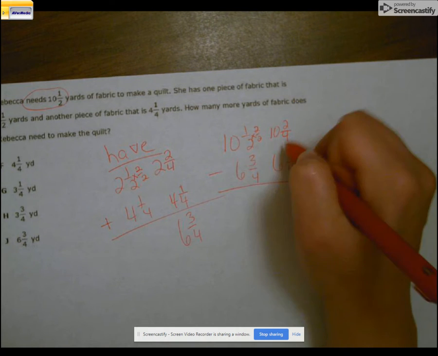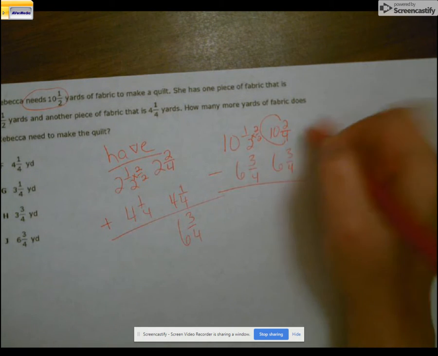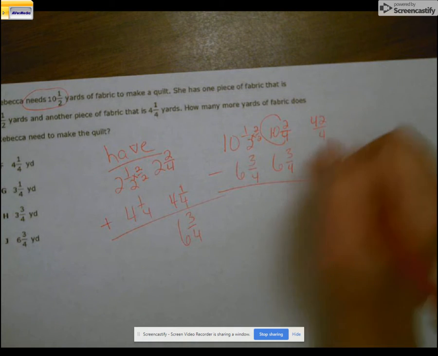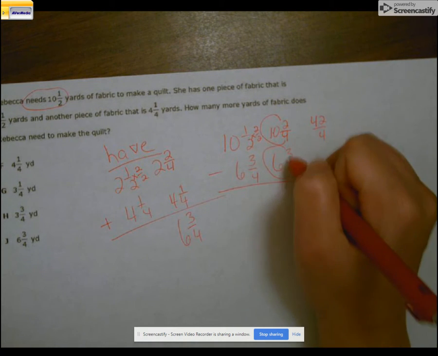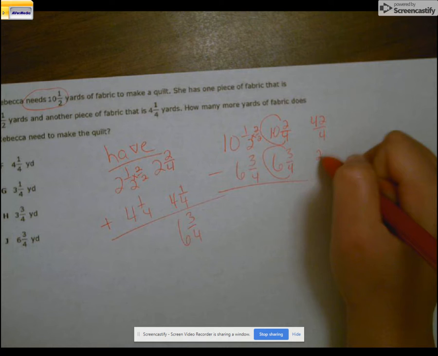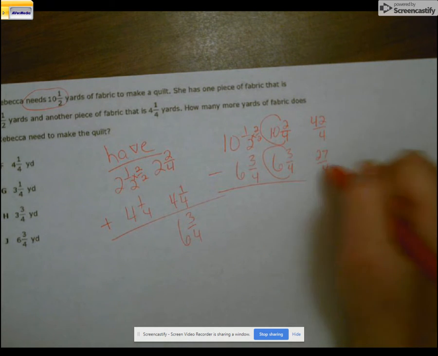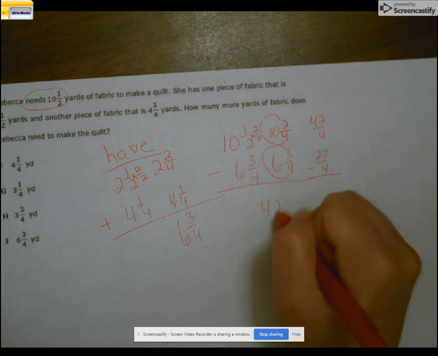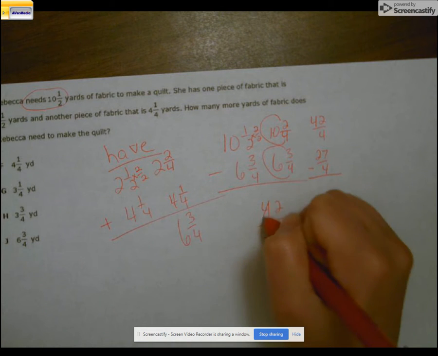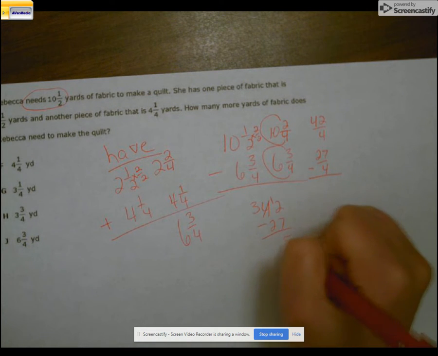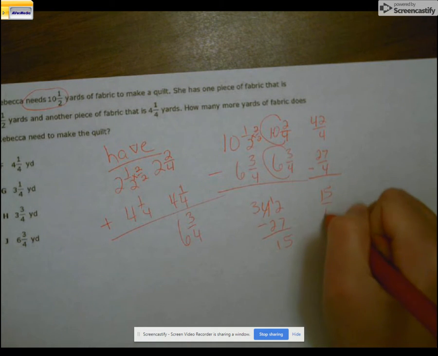Then I'm going to make these improper. So that's 40 plus 2. So I have 42/4, and 27/4. Now I can subtract. And I get 15/4.